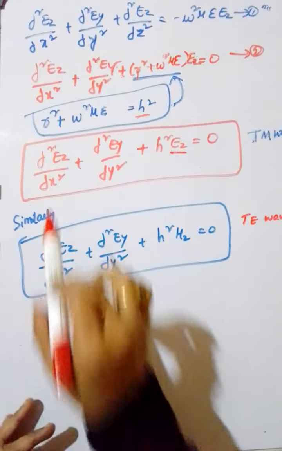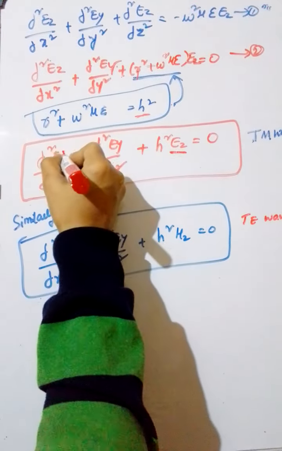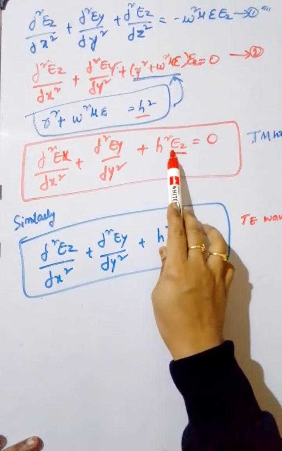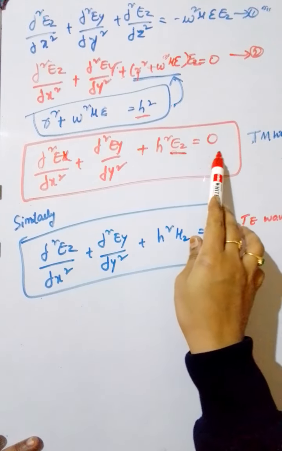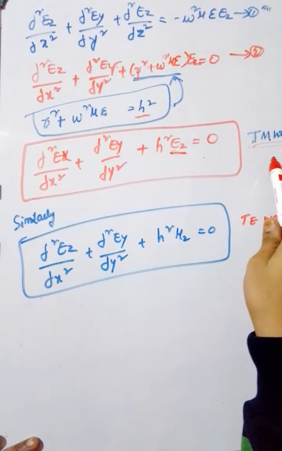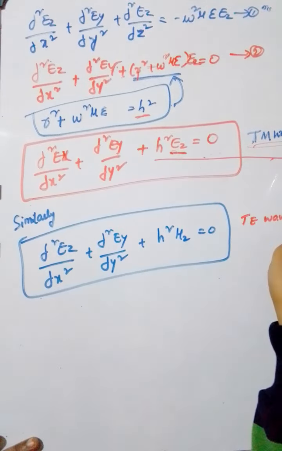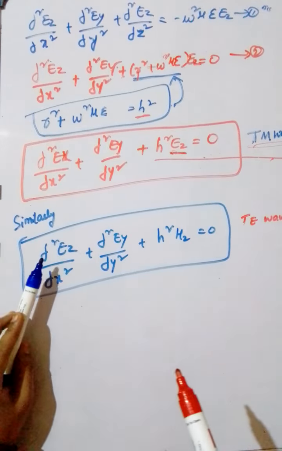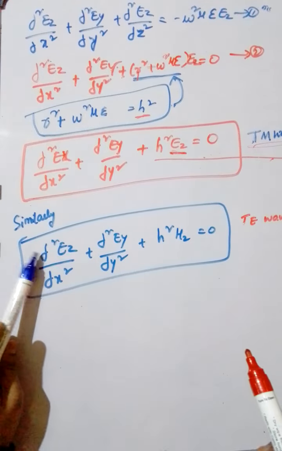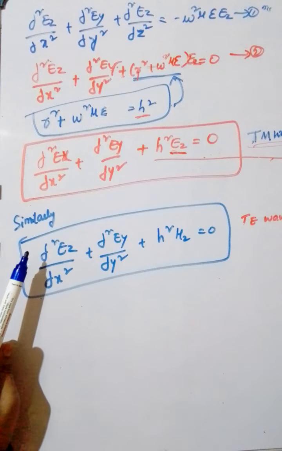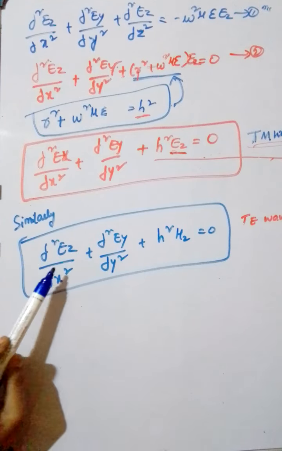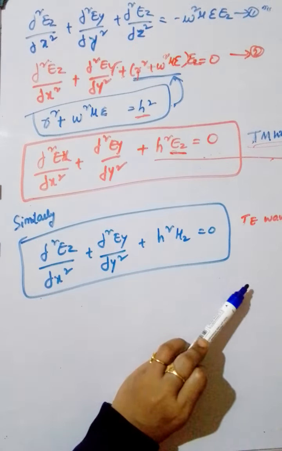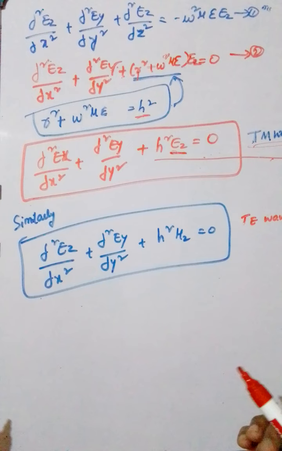Here dou square Ex by dou x square plus dou square Ey by dou y square plus h square Ez is equal to 0 for TM waves, whereas Hz is equal to 0. Similarly, the same equation we will get for the magnetic field also: dou square Hz by dou x square plus dou square Hz by dou y square plus h square Hz is equal to 0 for transverse electric waves.